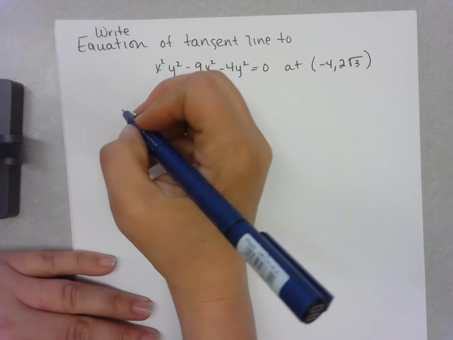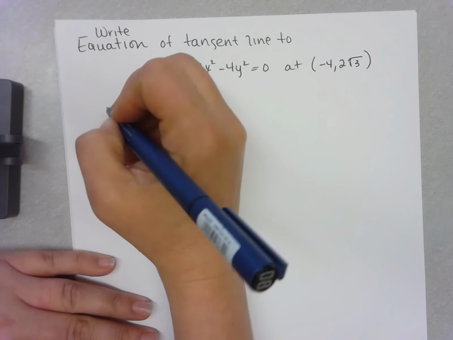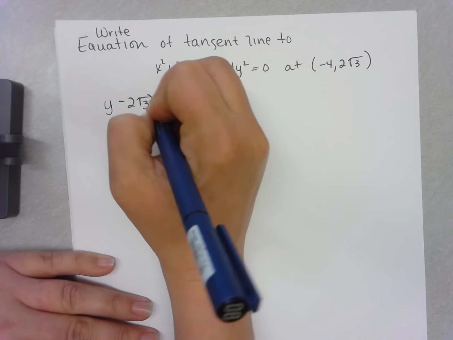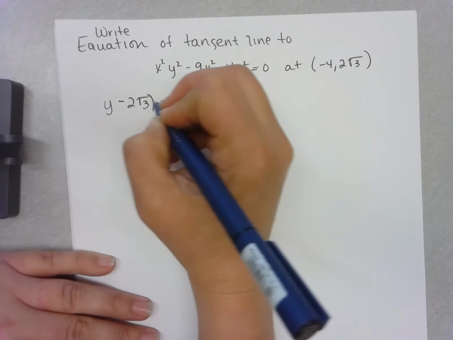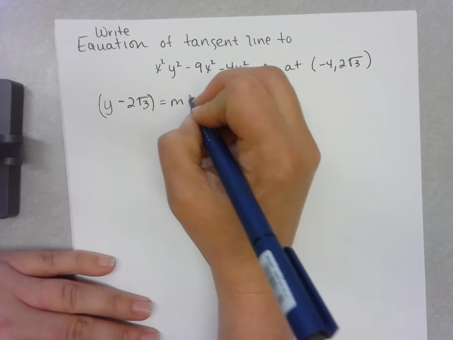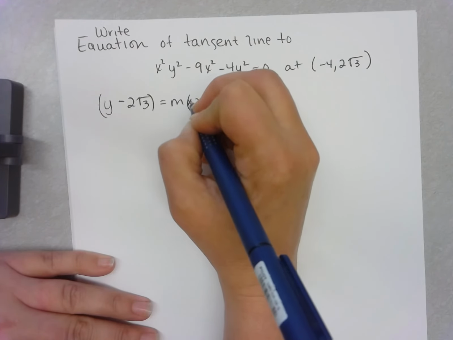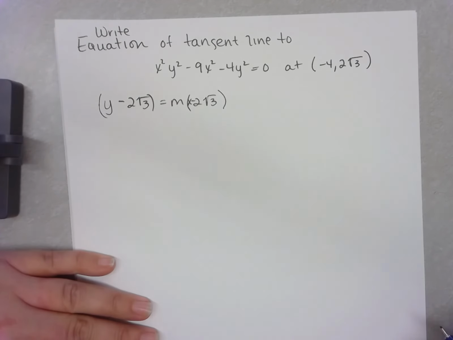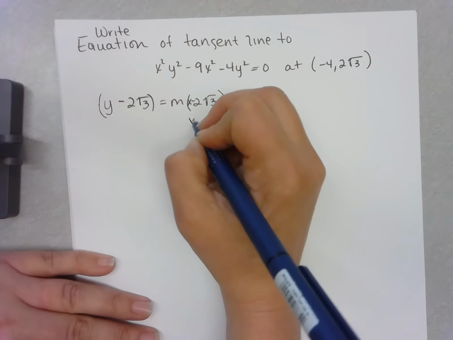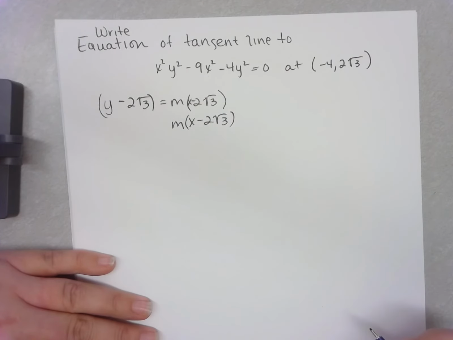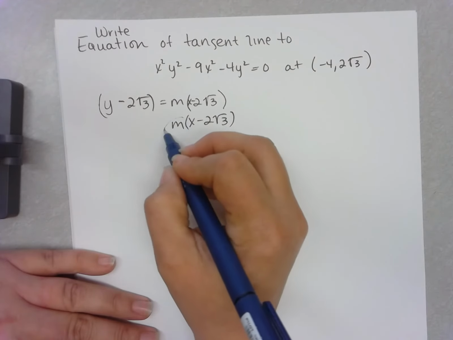So I have basically a piece of it: y minus 2 radical 3 is equal to m times x minus 2 radical 3, I'm really on the struggle bus right now. And we just need to find m.